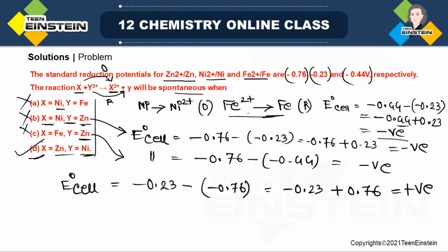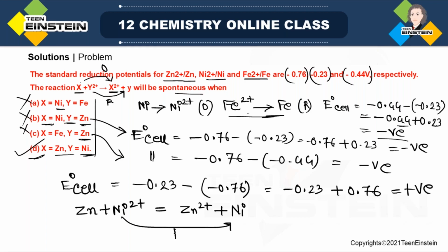So when X is Zn and Y is nickel, the reaction will be Zn plus Ni2+ giving Zn2+ and nickel. So this is reduction, this is oxidation. This reaction is feasible because here we are getting a positive E value. Okay, the correct option is the last option. So is the doubt clear? Is there any question?